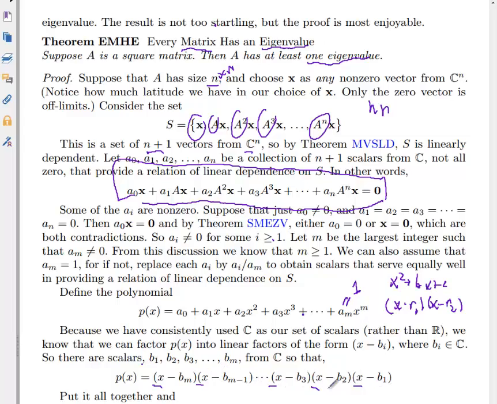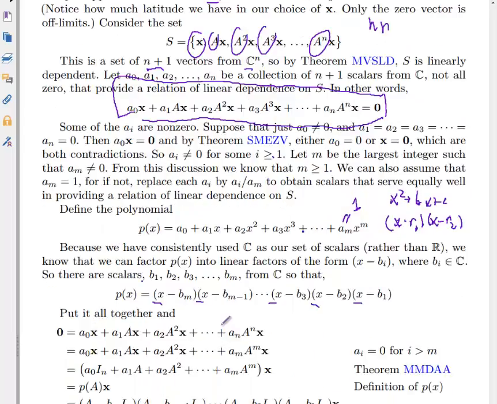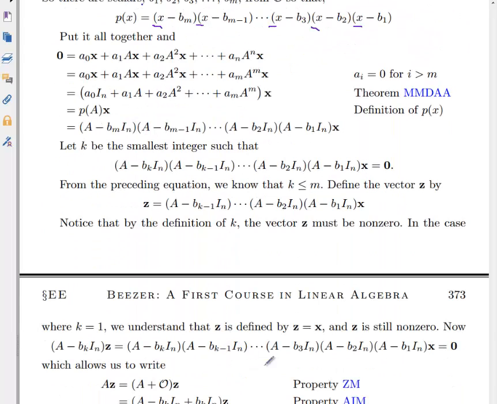So what can we do with that? Well, let's rewrite our linear dependence relation in terms of this factored form. We have a linear dependence relation. This is a polynomial. We can write this as this matrix polynomial applied to the vector x.